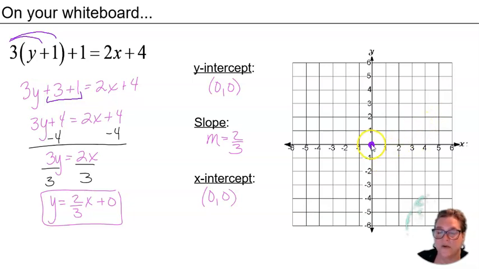So I would start at the origin and count up 2 for the rise, and to the right 1, 2, 3 for the run. Or I could go down 2 and to the left 3. And then I can draw a line with a straight edge connecting those points. And there's the line that represents this equation, 3 times the quantity y plus 1 equals 2x plus 4.